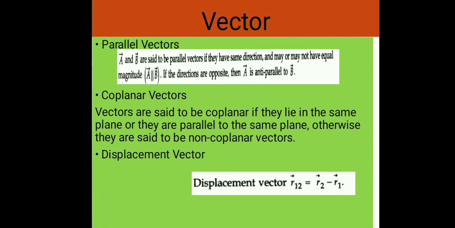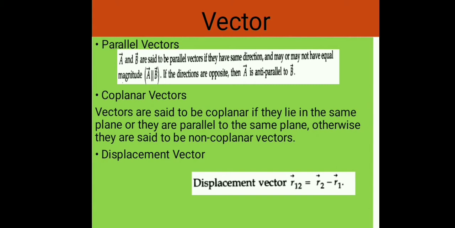If the directions are opposite, then a vector and b vector are anti-parallel vectors. Next one is coplanar vectors. Vectors are said to be coplanar if they lie in the same plane or they are parallel to the same plane. Otherwise, they are said to be non-coplanar vectors.